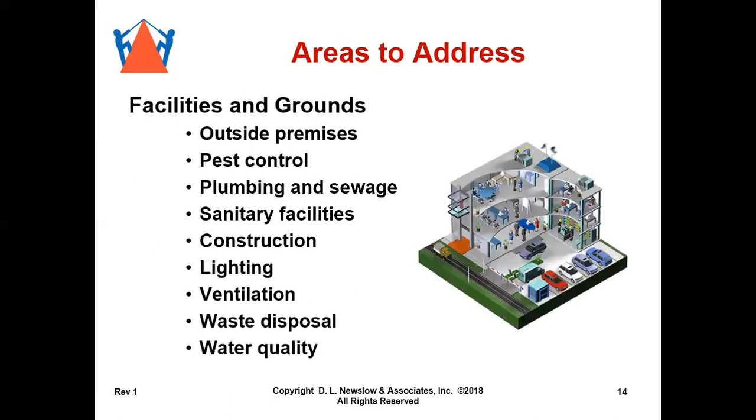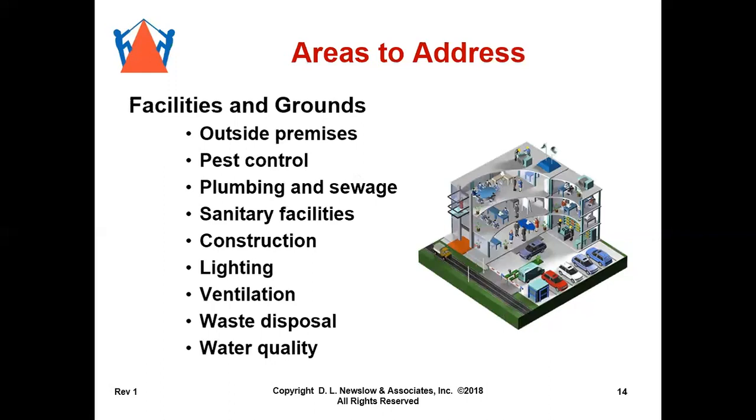Areas to address: outside premises, having a rock border around the building, having neat, cut grass, no water puddling, having an effective pest control program. Again, no water puddling, no issues with sanitary facilities or plumbing and sewage, lighting, and so forth. Waste disposal.